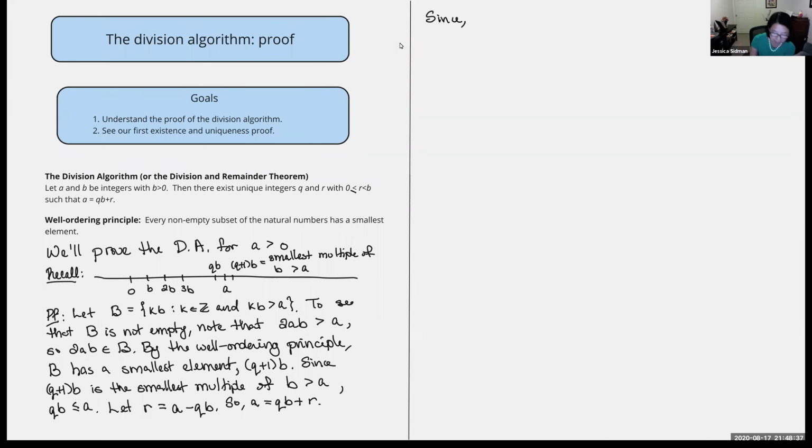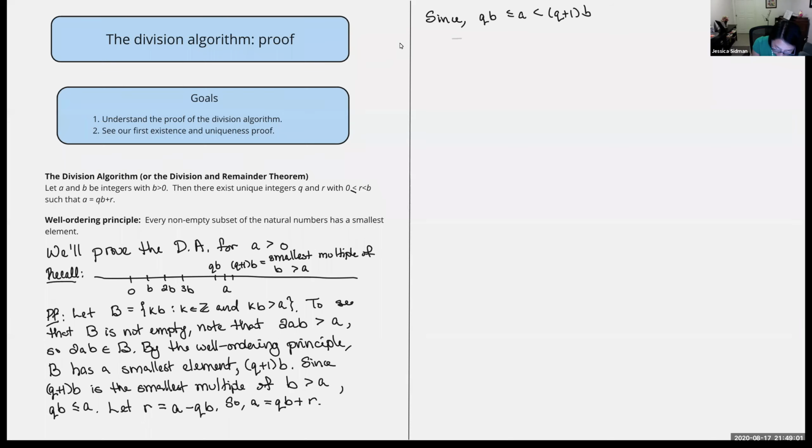Since we had that QB is less than or equal to A, and that's less than Q plus 1 times B, how big can this be, right? So let's subtract off the QB from this.